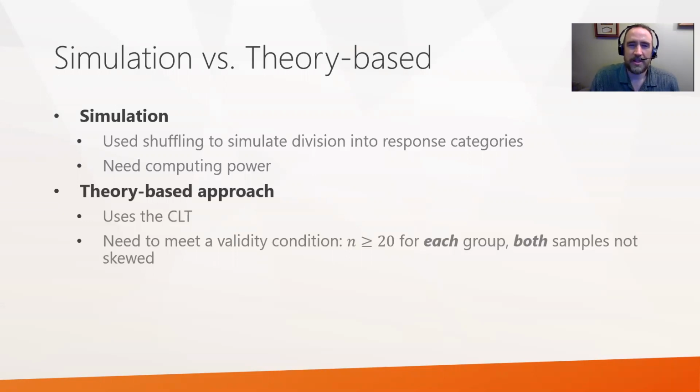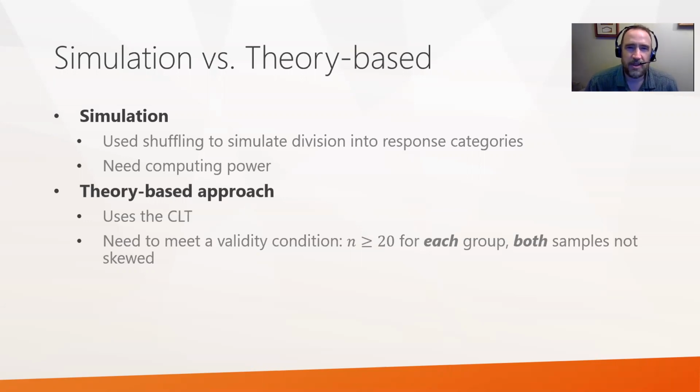And so simulation-based approaches have really taken off more recently as computing power has become more ubiquitous and able to handle larger and larger sets of data. In the past, people have used a theory-based approach because it was not so computation intensive, and under the validity conditions, we could reach the same objective, come to the same conclusions.